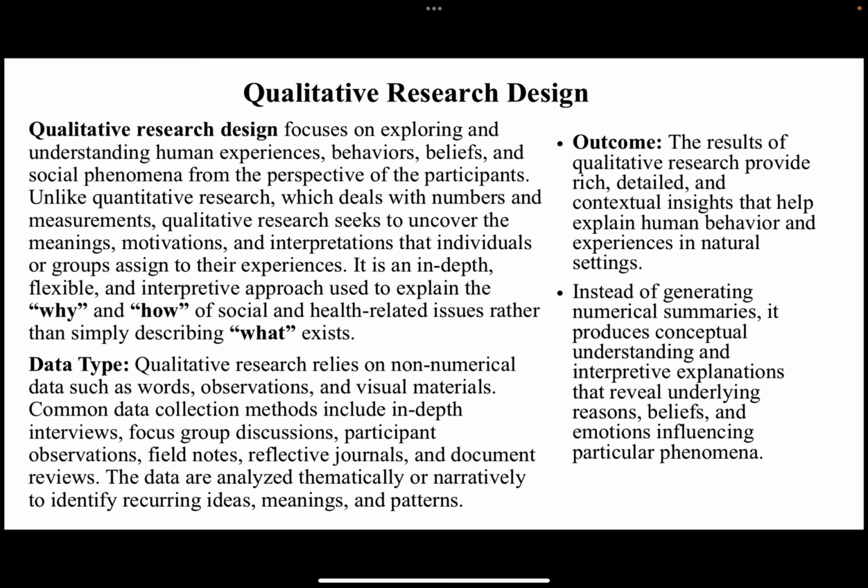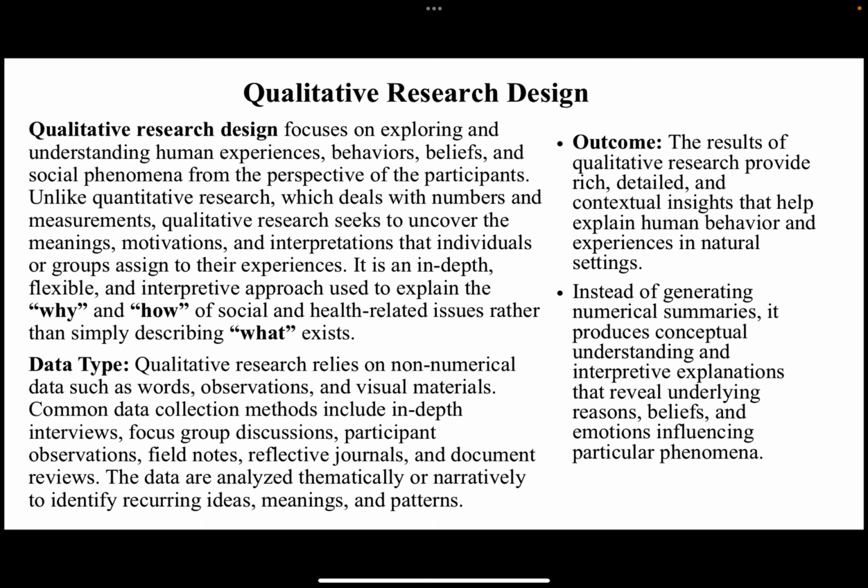Okay, now the other point is that qualitative is an in-depth, flexible, interpretive approach used to explain the why, the how of social health related issues rather than simply the what exists. Is that okay?